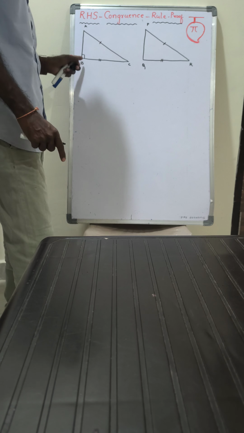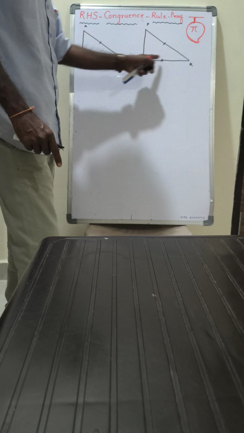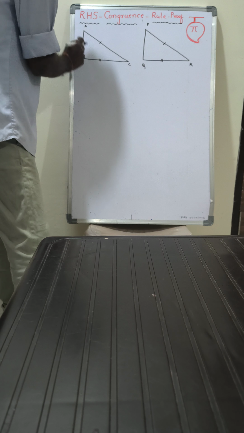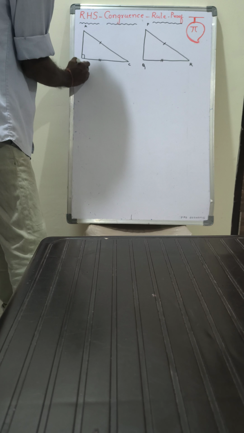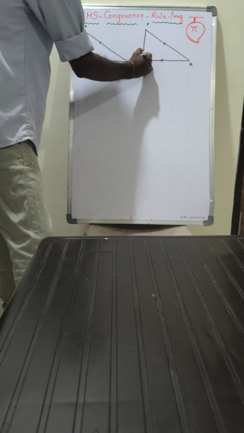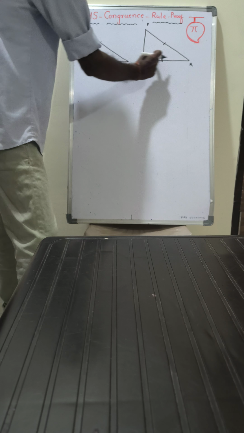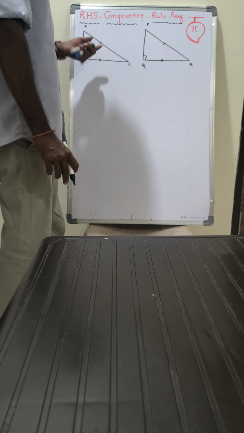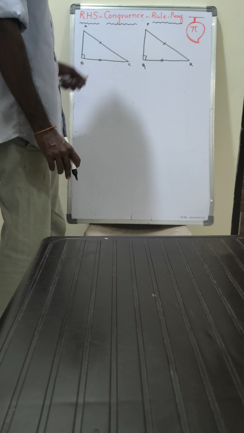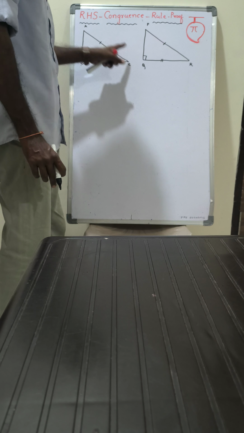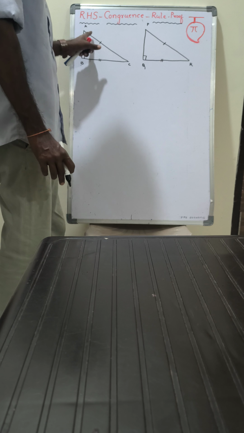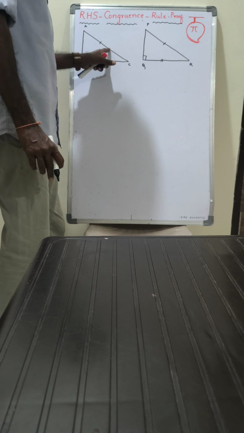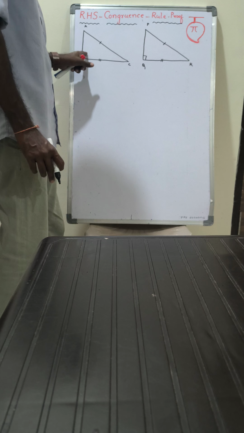So here I am taking two triangles ABC and PQR. If you observe, ABC is a right angle triangle at B and PQR is also a right angle triangle. And if you observe another thing here, what is AC in triangle ABC? AC is the side which is opposite to 90 degrees.